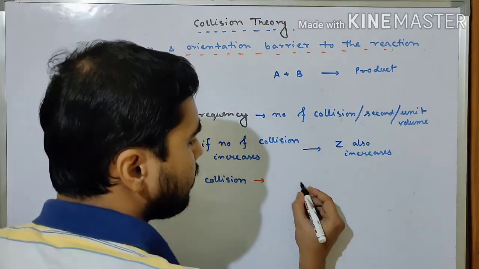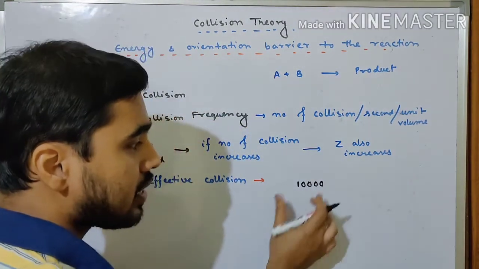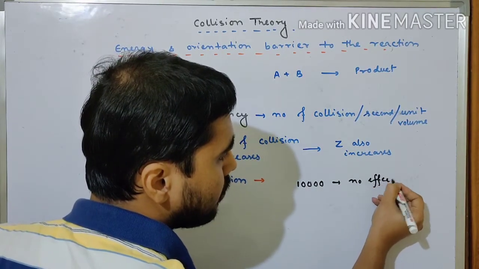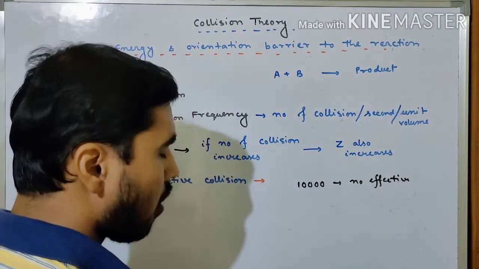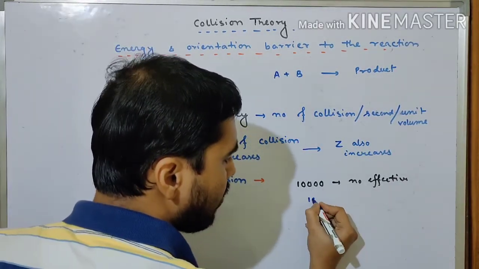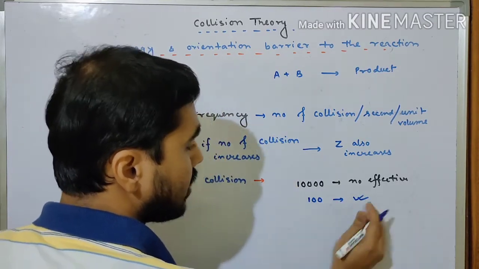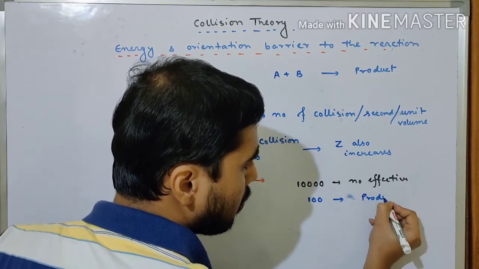Suppose 10,000 collisions take place. Obviously, all of them are not effective. Maybe out of those 10,000 collisions, only say 100 collisions are effective. Only these 100 collisions are going to give rise to product.